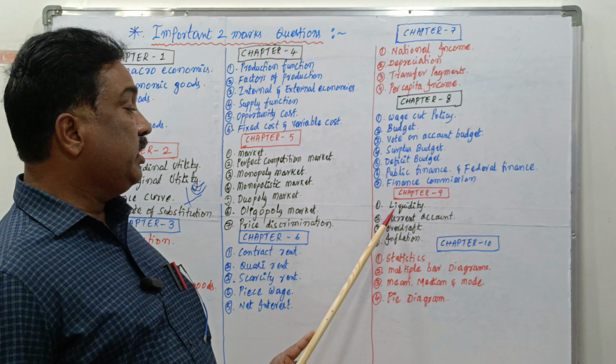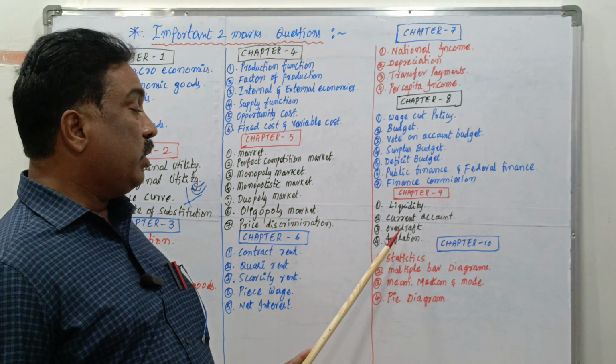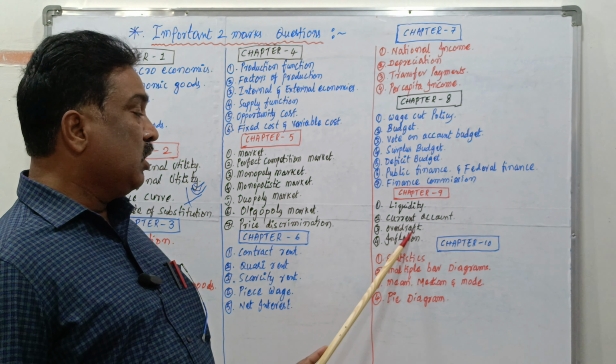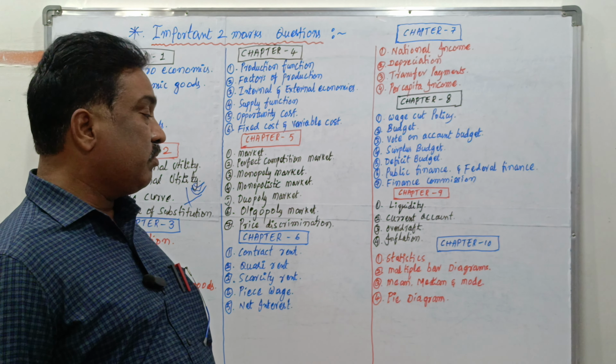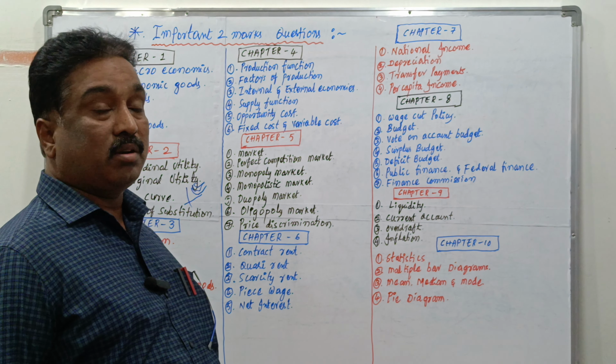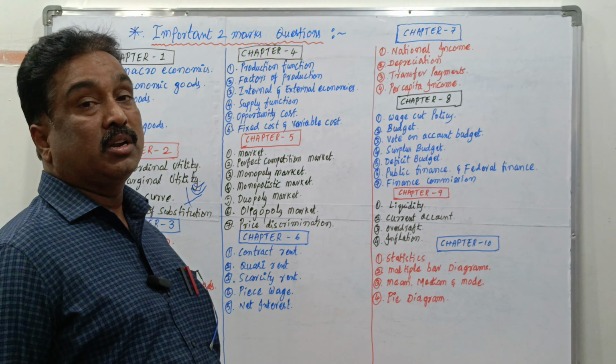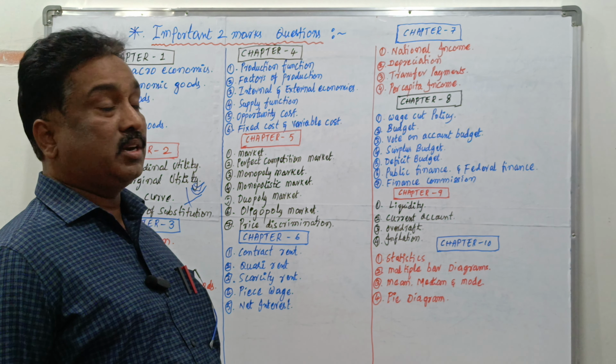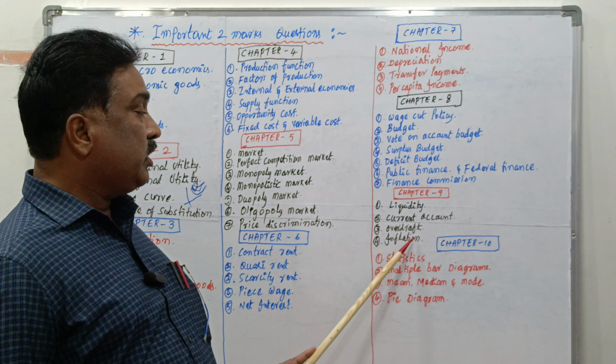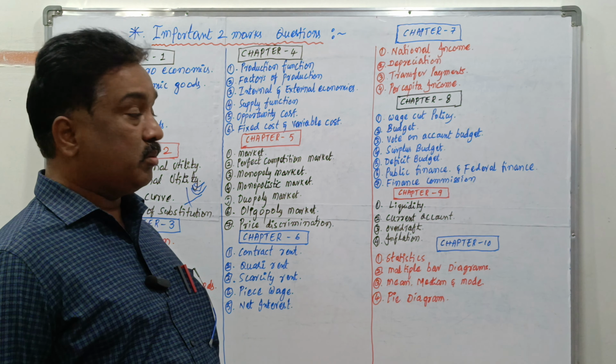That is called liquidity. What is a current account? What is the use of overdraft? Who gives the overdraft? For whom is the overdraft given? What is inflation? What is the meaning of inflation? These are the important questions from the ninth chapter.